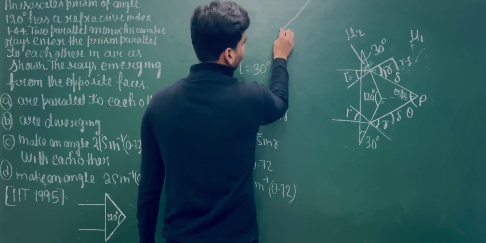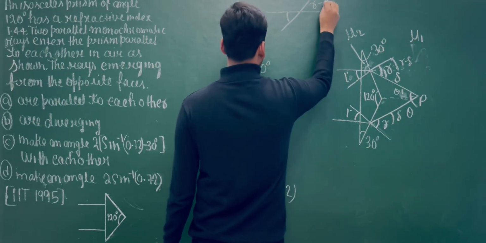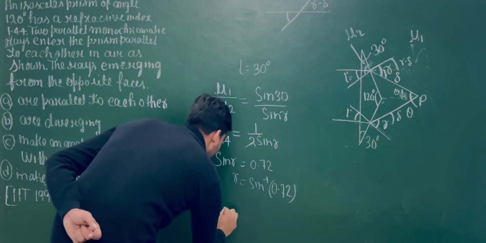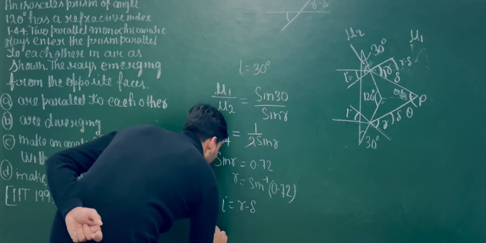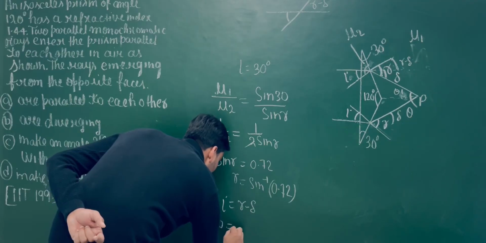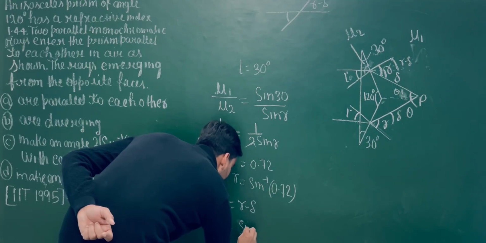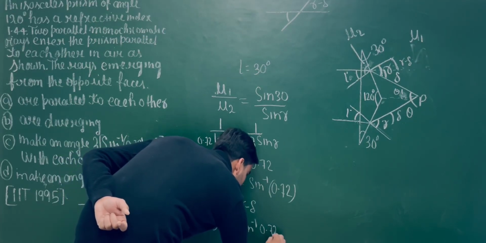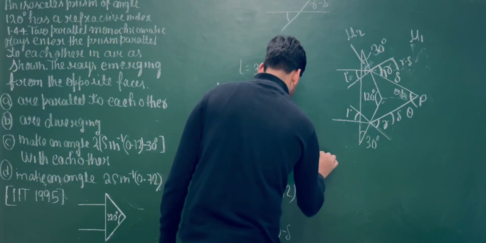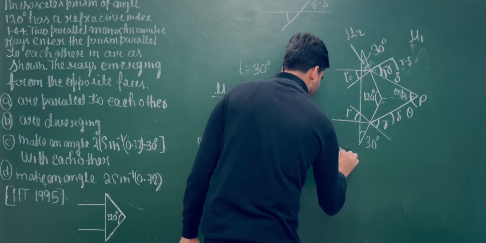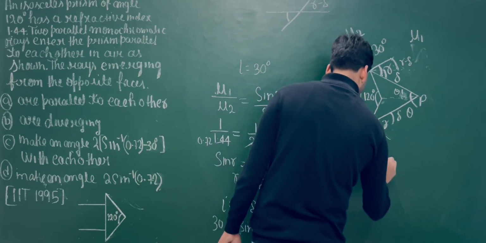So I get from geometry I equals R minus delta. 30 equals sine inverse 0.72 minus delta. This gives delta equals sine inverse 0.72 minus 30 degree.